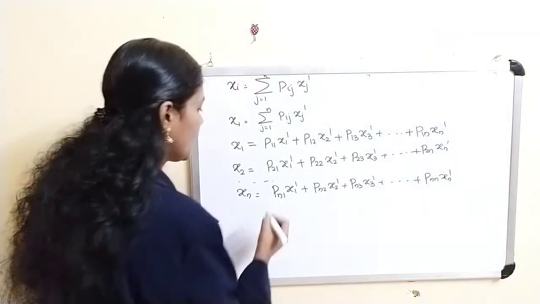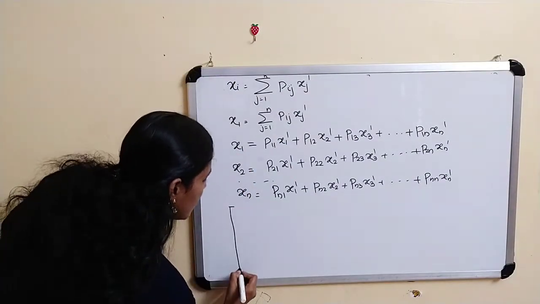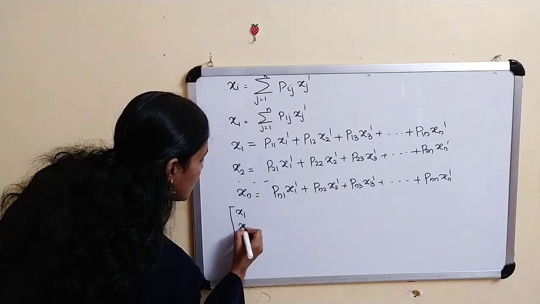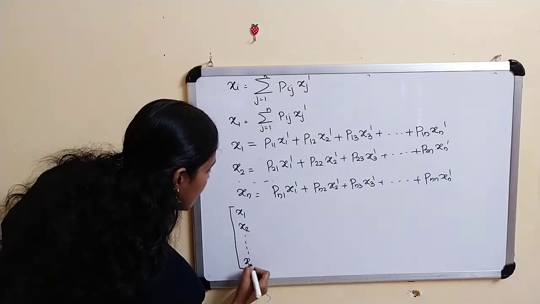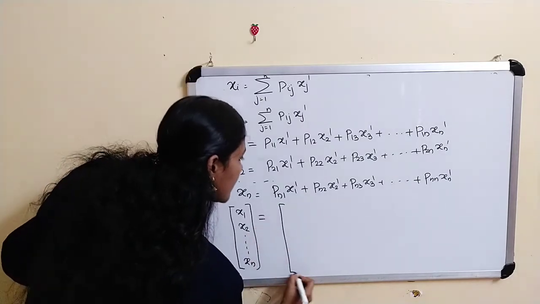Now if you write like this, the left hand side you can write as x1, x2, etc., xn, and this matrix is equal to, what about this one?